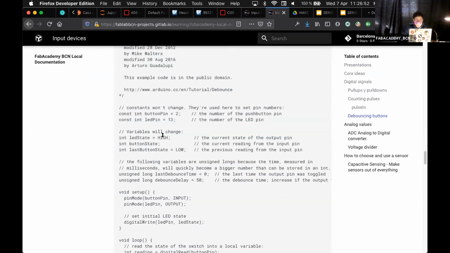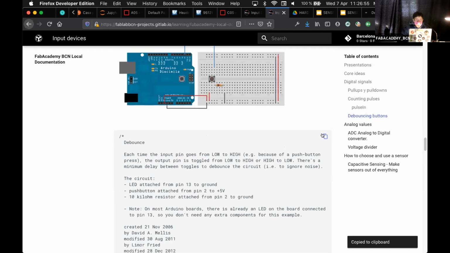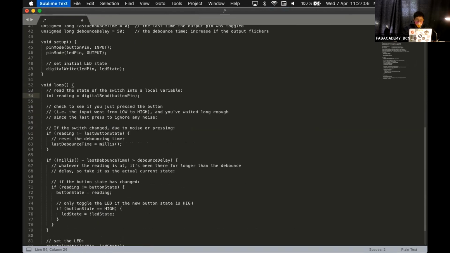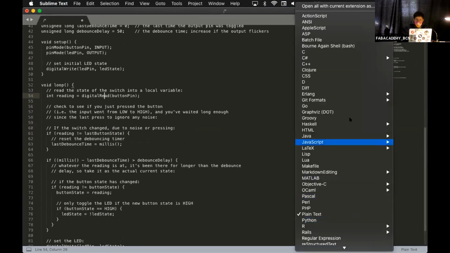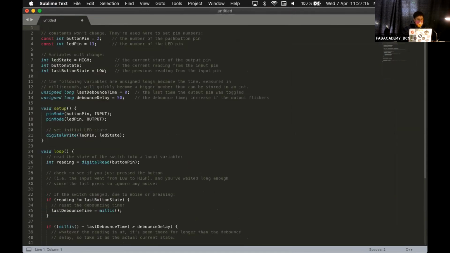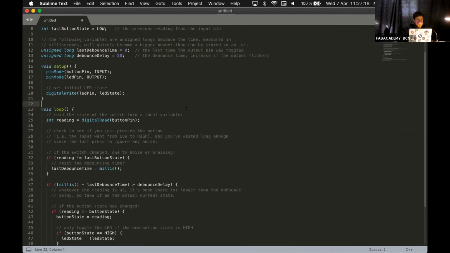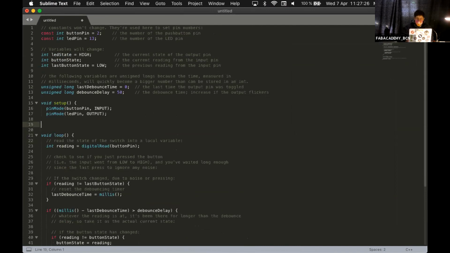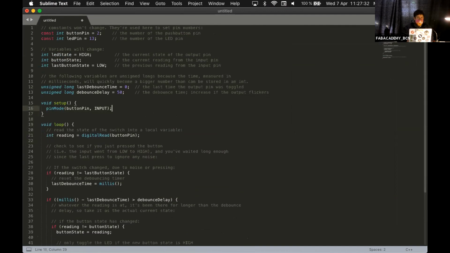No, right? Maybe if I put it in the text editor. Okay, so basically, let me eliminate a couple of things so that it's a little easier. Sorry?